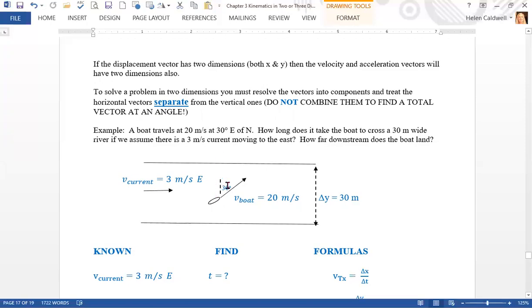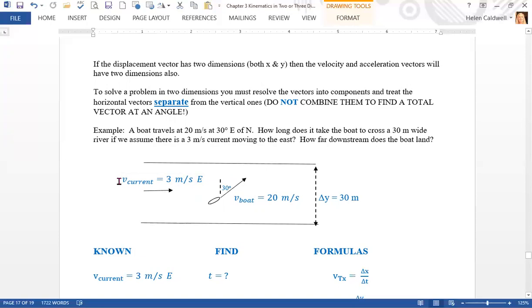So start north, move east 30 degrees. So this 30 degrees is this little angle right down here where the dashed line and the arrow for the boat's velocity would intersect each other at the boat. It's way down here, not up here, and certainly not the right angle.